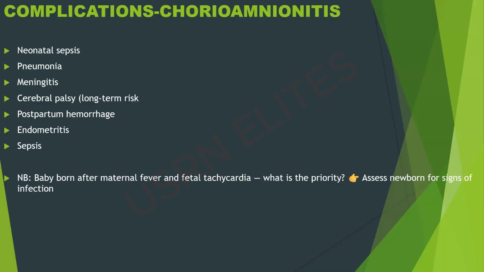To assess the newborn for signs of infection, because the mother was having what? Infection, and the child was showing signs of infection in utero. So once the mother delivers, you have to assess the newborn for signs of infection. So that is what you should know.